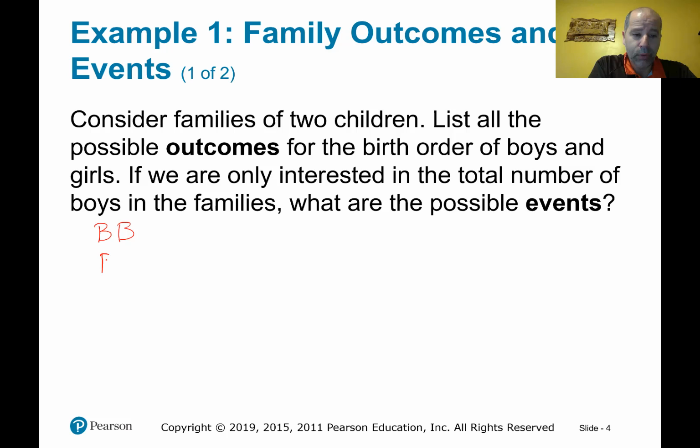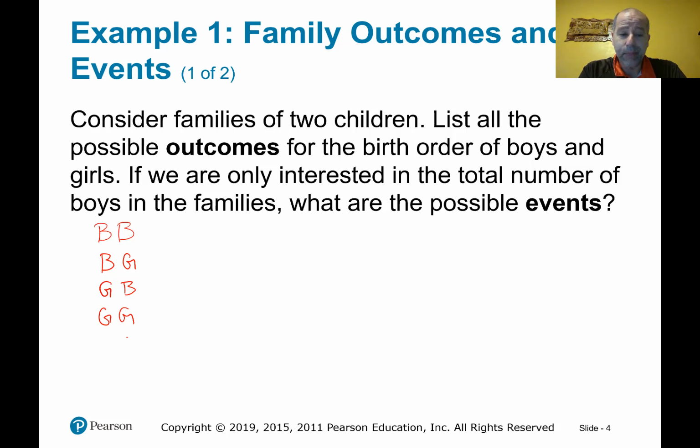Or we could get a boy in the first birth and a girl in the second birth. And then, of course, we could get a girl first, followed by a boy, or we could get a girl first, followed by another girl. And so these are the total possible outcomes. There's no other outcome for birth order than these 4 in this situation when we're dealing with only 2 births.